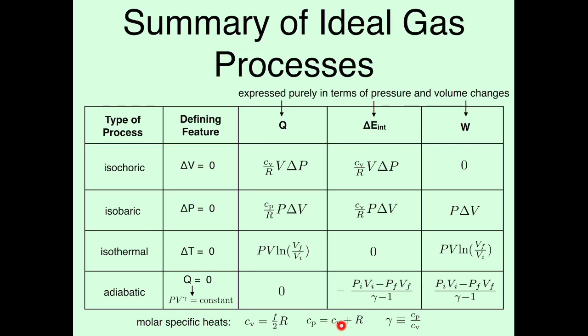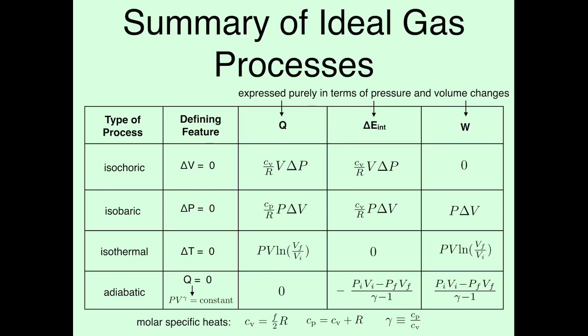That's just CV plus R, so important to remember that. And then finally, gamma, which pops up in the adiabatic relationships, is defined as CP divided by CV. And so these are just all the different things we derived. There's a lot of it.